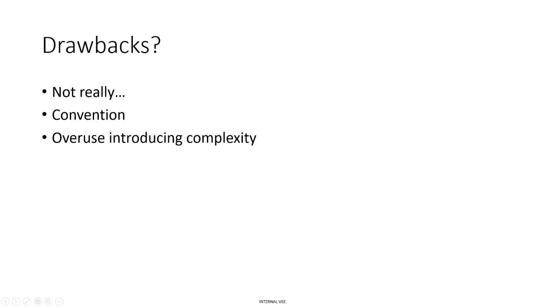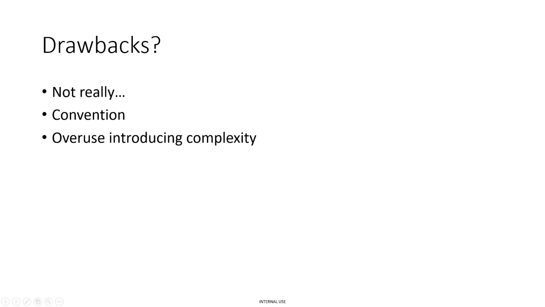Drawbacks? Not really. Nothing that I could really find. I guess it's just convention. If your team isn't used to using getters and setters, then don't really use them, although they're not really that confusing to use. But they could get confusing if you do have complex logic, like complex validation in a setter, or a complex method pattern.